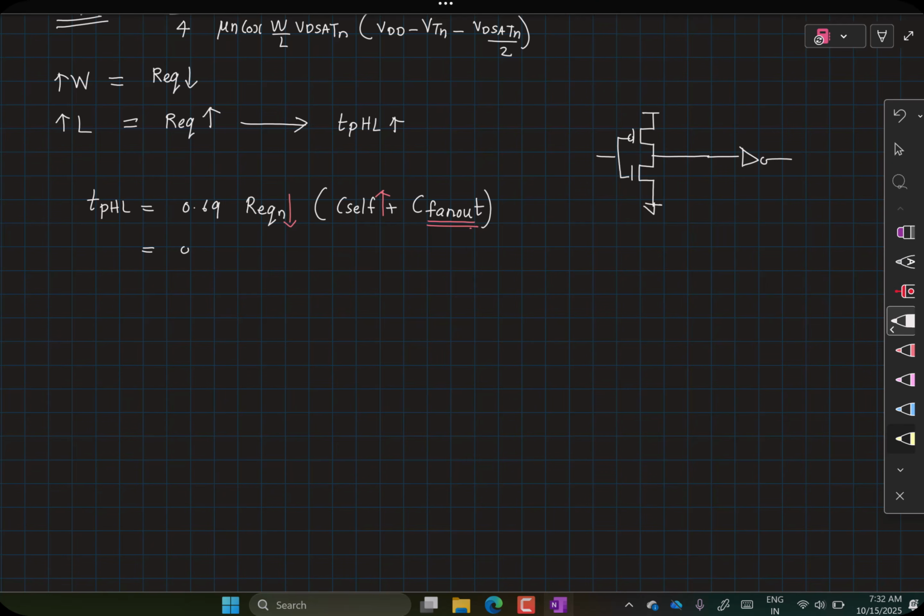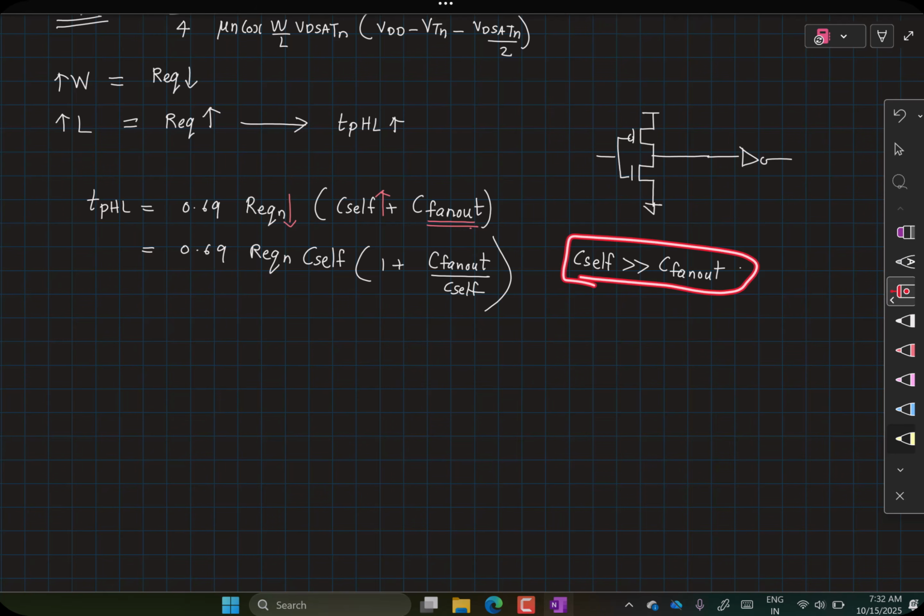So, for example, let's say your C self is much greater than C fan out. I'm going to take the C self parameter outside. This will simply become equal to C fan out by C self, where under these conditions, this parameter is almost equal to 0.